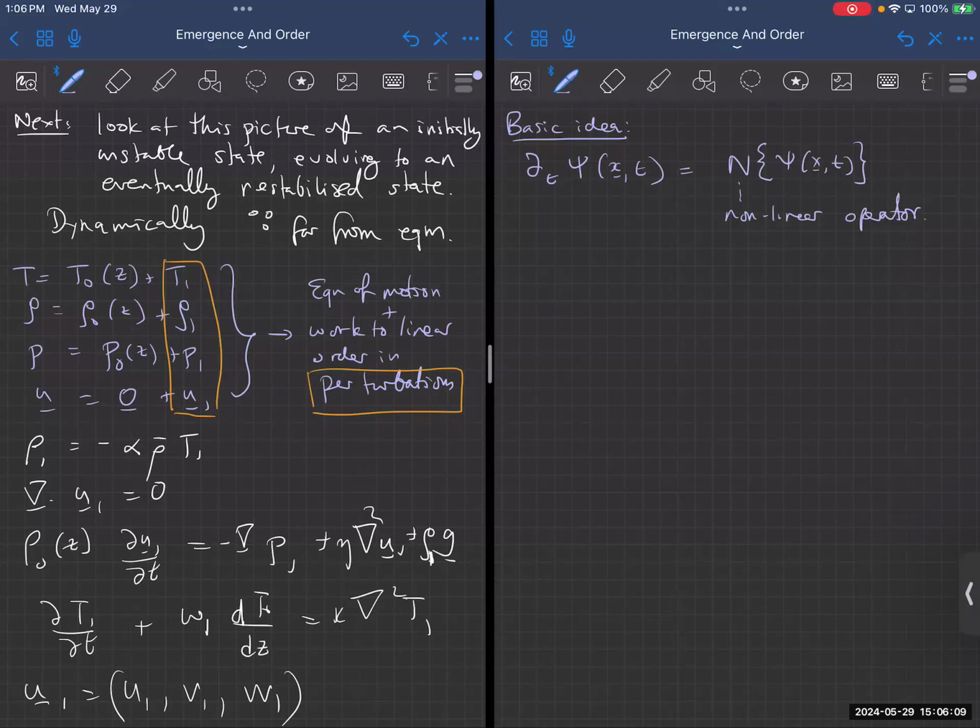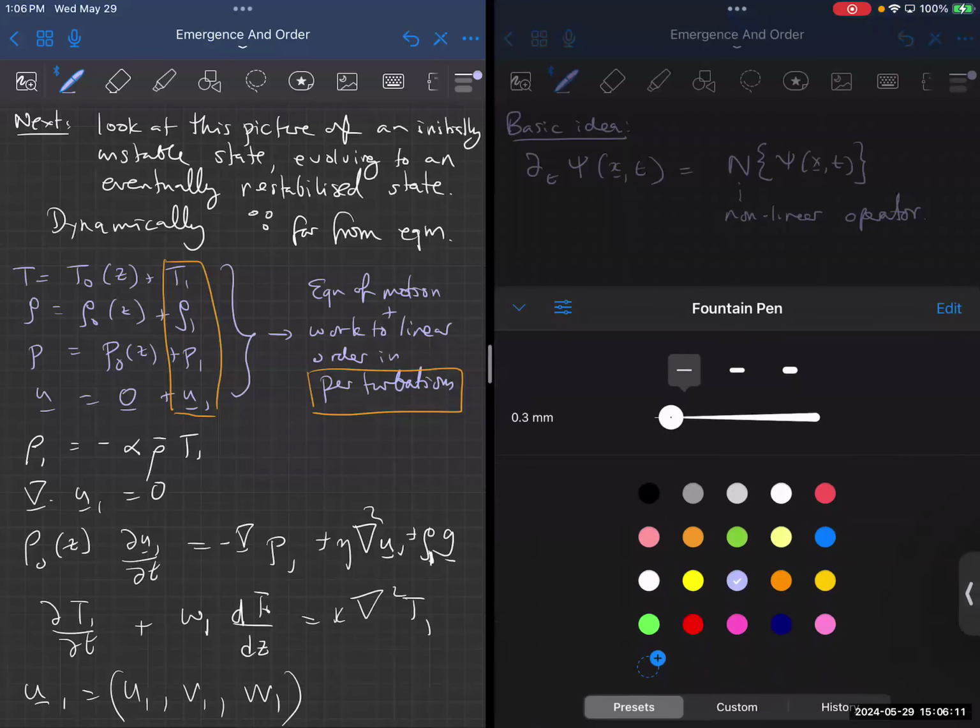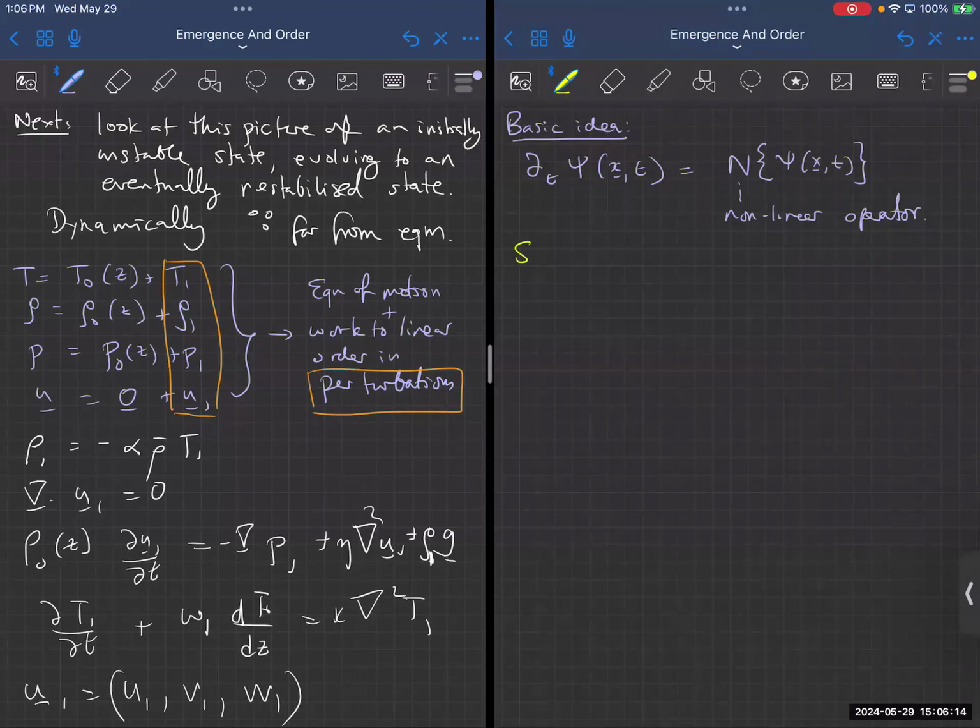And then if I want to look at the steady state, that's the state d psi by dt equal to 0, and so we'll call that psi naught. Therefore the nonlinear operator of psi naught of x and t is equal to 0. So that's the steady state.